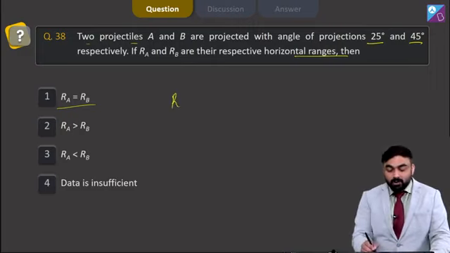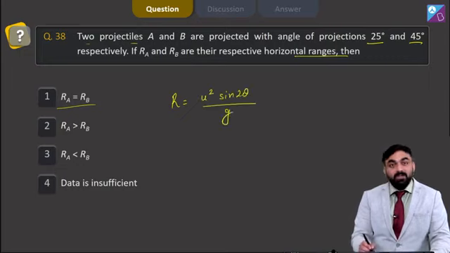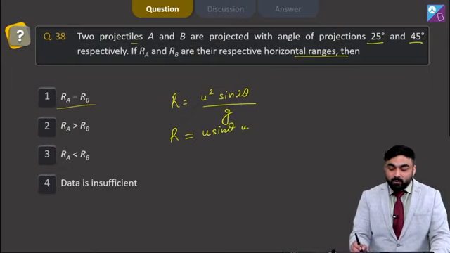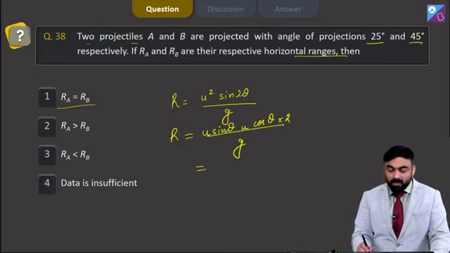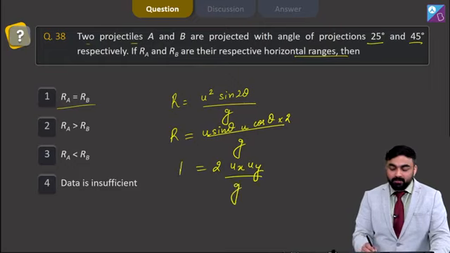We know horizontal range is given by u square sin 2 theta by g, or elaborately we can write it as u sin theta, u cos theta into 2 over g, which can be written as 2 ux uy by g.